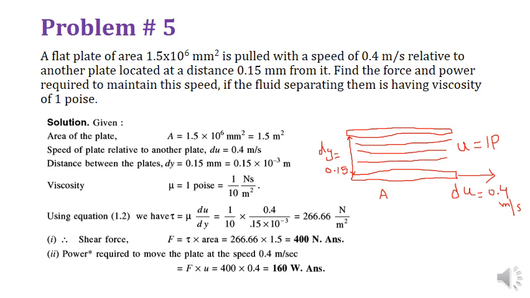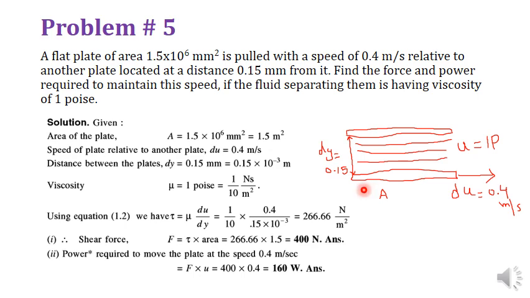If the velocities of two plates are given separately in numerical problems, one plate moving with a certain velocity and the upper plate with another velocity, then you need to calculate this du by subtracting the velocities of the two plates. So in this particular problem, relative means du is directly given.